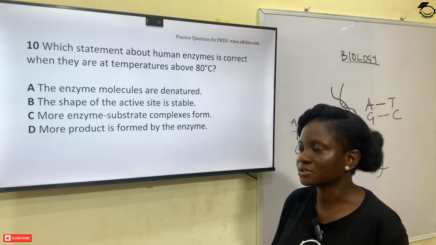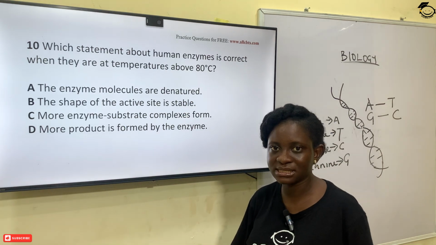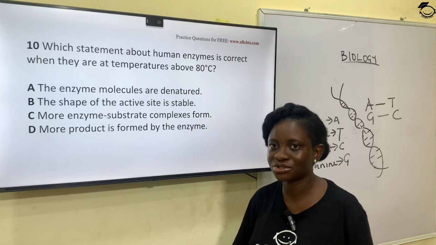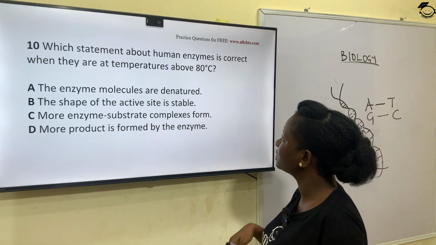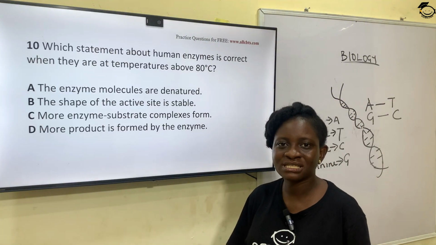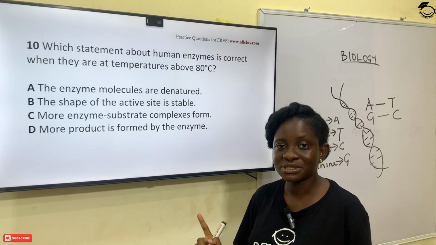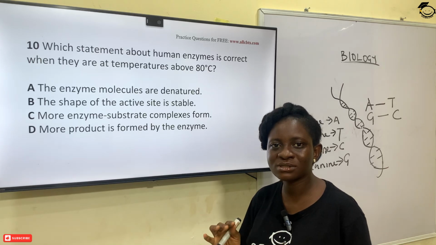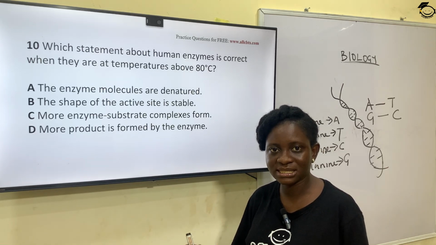The next question, question 10. Which statement about human enzymes is correct when they are at temperature above 80 degrees C? So when enzymes are subjected to a very high temperature above 80 degrees, it can alter the 3D structure of an enzyme.